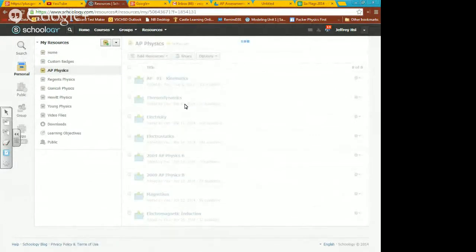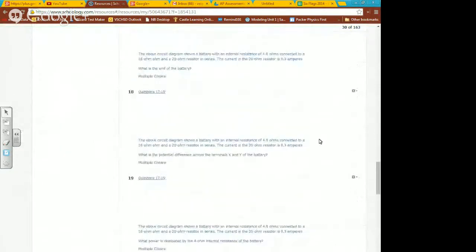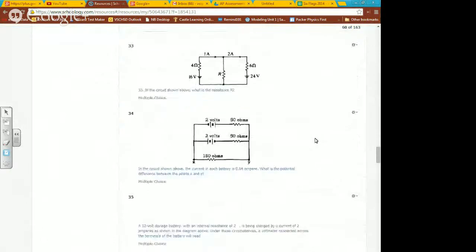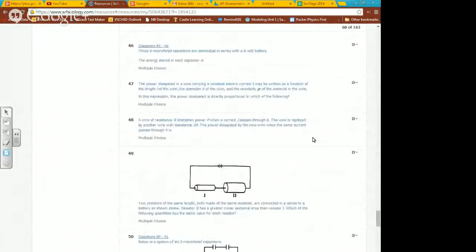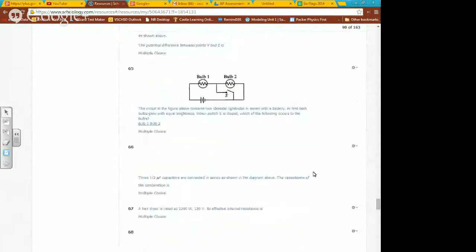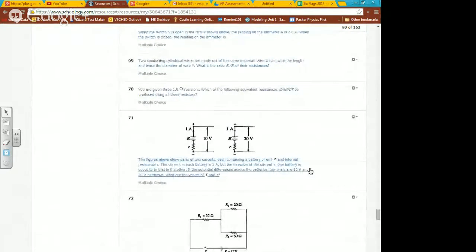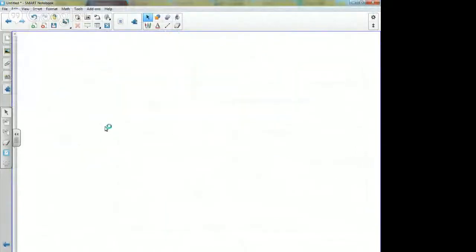I'm just too lazy to actually write this onto the board, so I'm going to copy it directly on. This is what you get for making a fake test and not a real test.